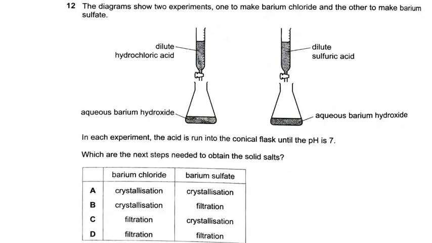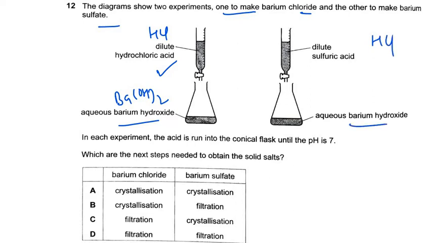Now question number 12: a diagram shows an experiment in which one makes barium chloride and the other makes barium sulfate. What you are adding here is HCl to aqueous barium hydroxide, Ba(OH)2, and here, one minute, it is sulfuric acid, H2SO4, that you are adding to the same barium hydroxide.